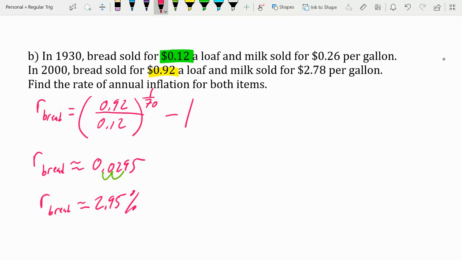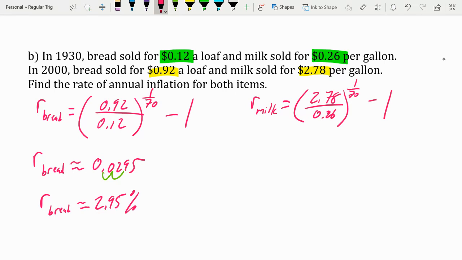All right, now let's do the inflation for milk. So the rate for milk, again, the higher cost over the lower cost. So 2.78 over 0.26. And again, the year is still 70, so it's still 1 over 70 minus 1.